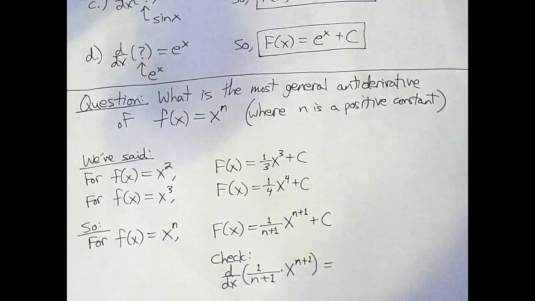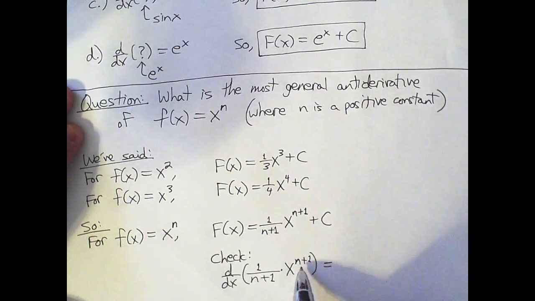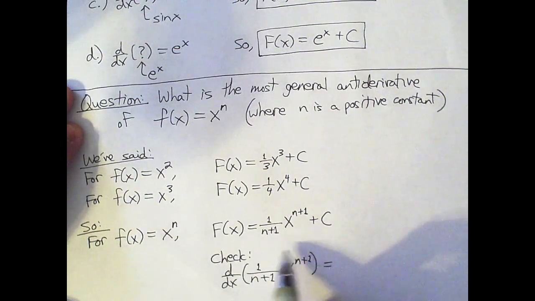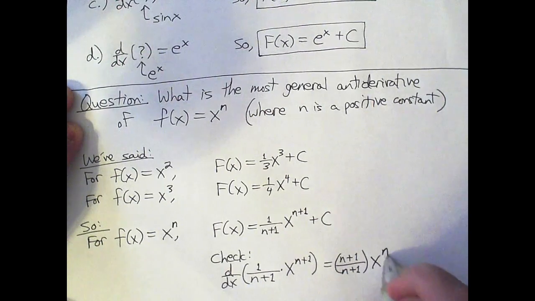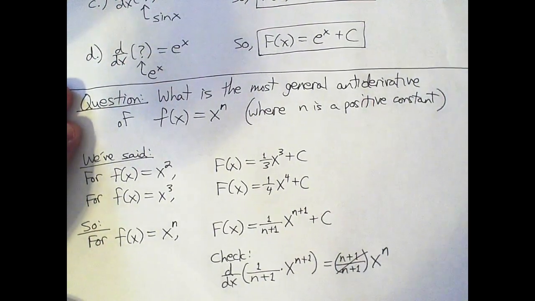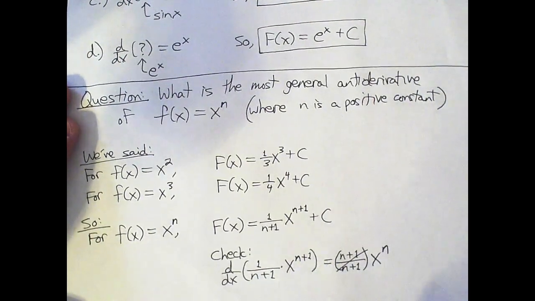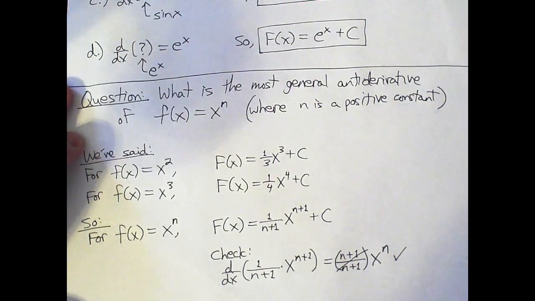We don't need to do any kind of product rule or quotient rule or anything like that. n is a constant. We just think of it like a number. So we have a power up here. It's going to come down out front. It's going to get multiplied by the 1 over n plus 1 that's already there. The new exponent is going to decrease by 1. When you have an exponent of n plus 1 and you decrease it by 1, yeah, this works out.